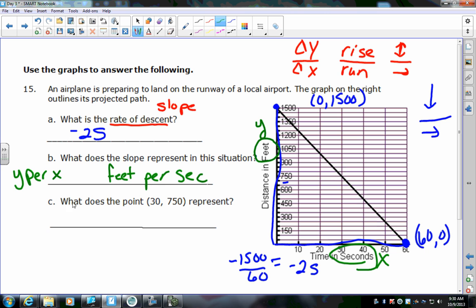Now, the next thing says, what does the point 30 and 750 represent? Well, 30 is the x, 750 is the y.